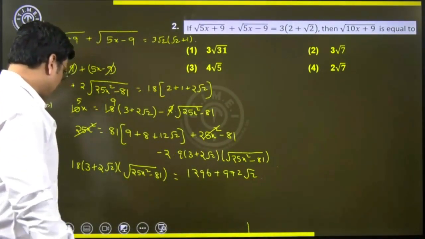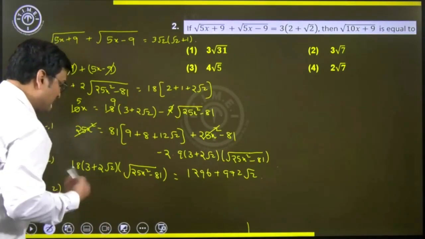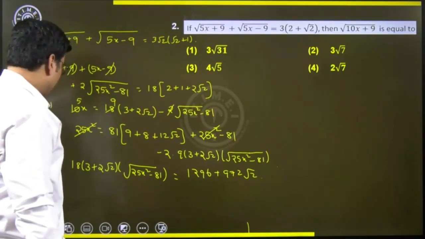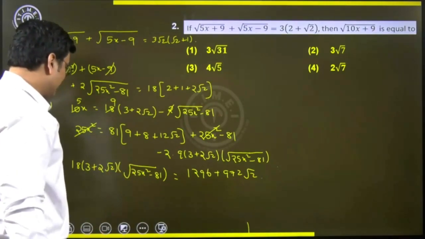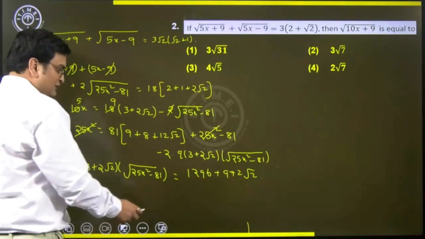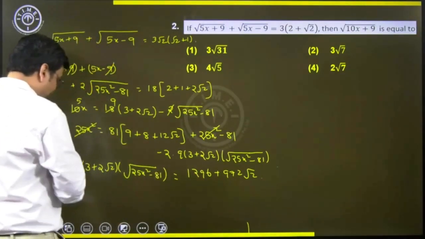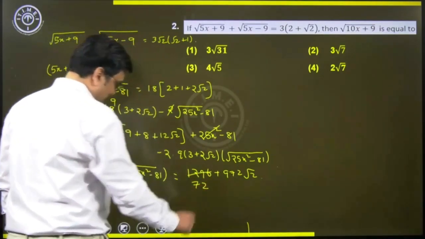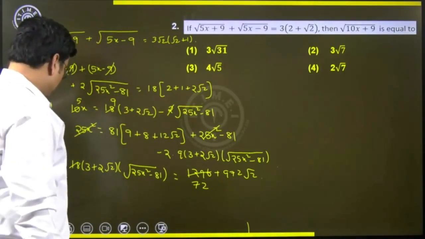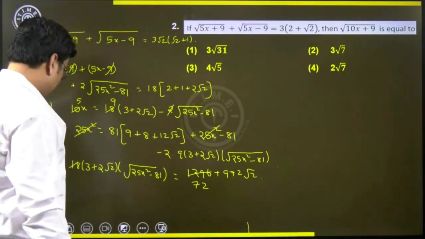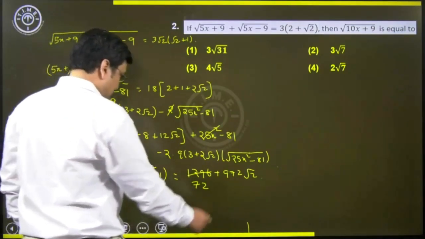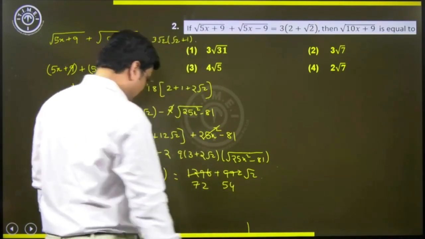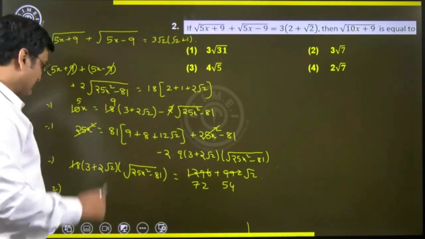Let's see if we can simplify this more. Let's try to cancel out 18. 18 will go 72 times, and 18 will go here 54 times. 18 is cancelled.